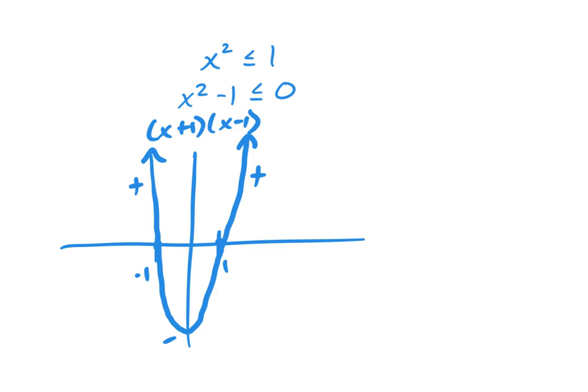So anytime we have an equal to right here, we know we're going to use the bracket symbols instead of the parenthesis symbols. And we're going to say everything from -1 to +1 would be a solution. Okay, and I just highlighted it in red to show that's the area that we're talking about, because it's less than or equal to.